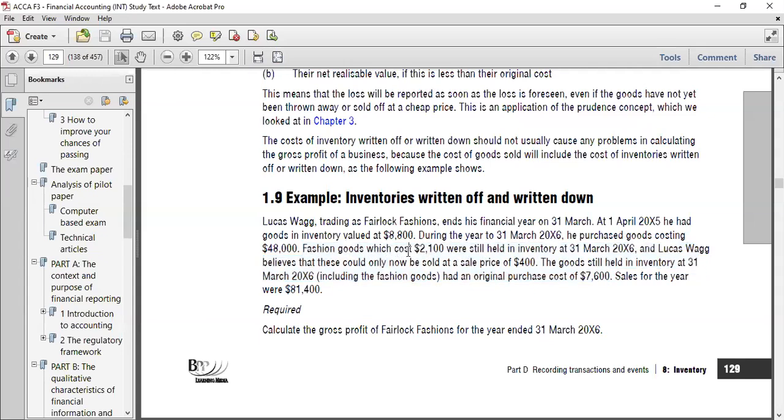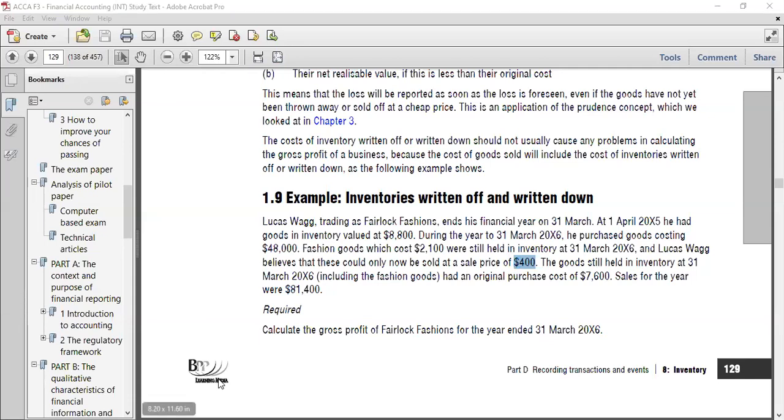They are saying fashion goods which cost 2,100 were still held up in inventory at 31st March 2016. Lucas believes that this could only be sold for a sales price of 400. So it means that we are actually going to lose some part of this value from 2,100 to 400. Already this is a big loss.